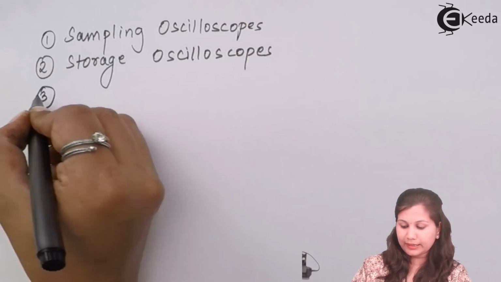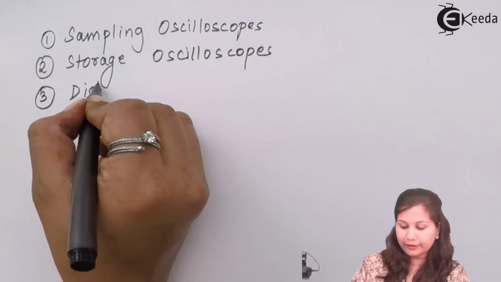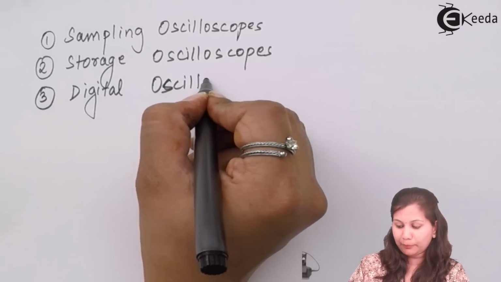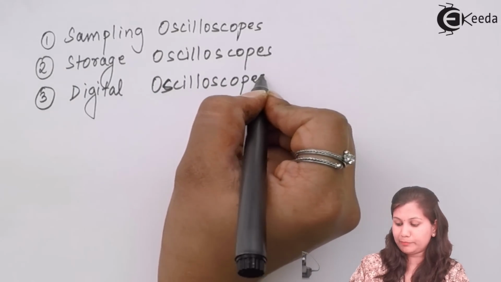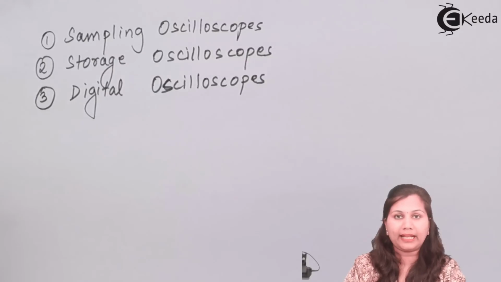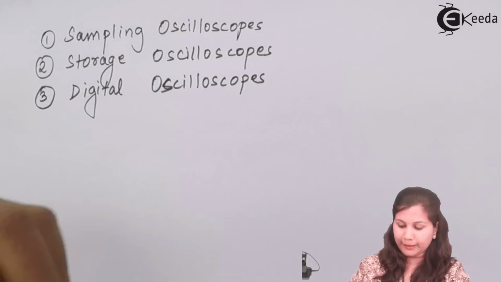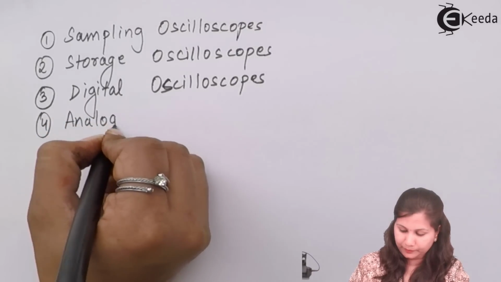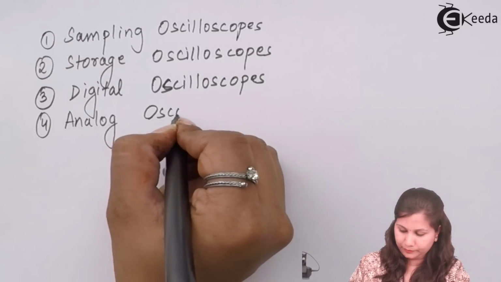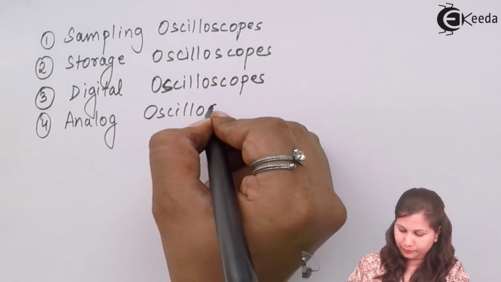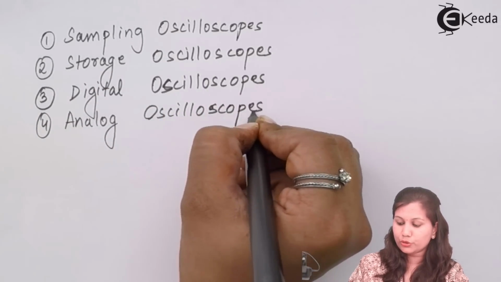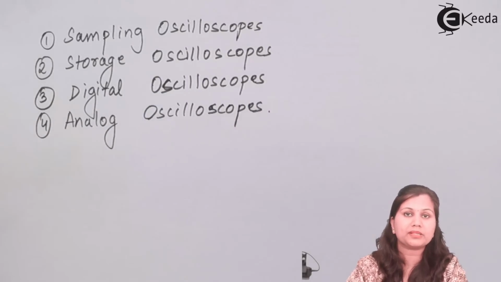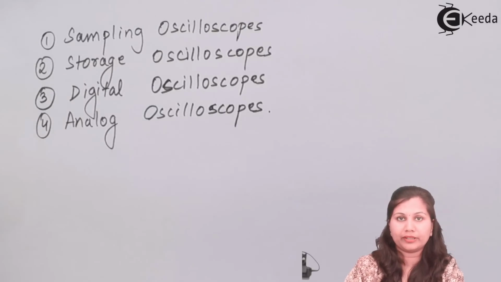Also there are types like digital oscilloscope and analog oscilloscope. Depending on the type of signal we are displaying, a digital signal or an analog signal, there are two types, digital and analog oscilloscopes. Also there are dual trace oscilloscopes. So there are various types of oscilloscopes available in the laboratories.